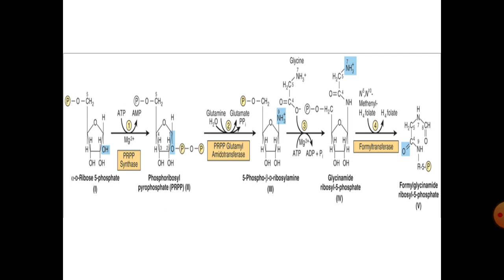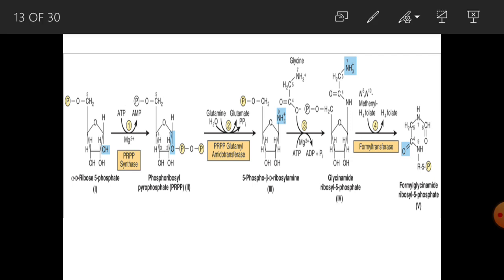Now that we have arrived at PRPP, this PRPP is acted upon by PRPP glutamyl amidotransferase. So, what does the name suggest? From the glutamine molecule the amido group is being transferred onto PRPP. So, what does it become? It becomes 5-phospho beta ribosylamine.